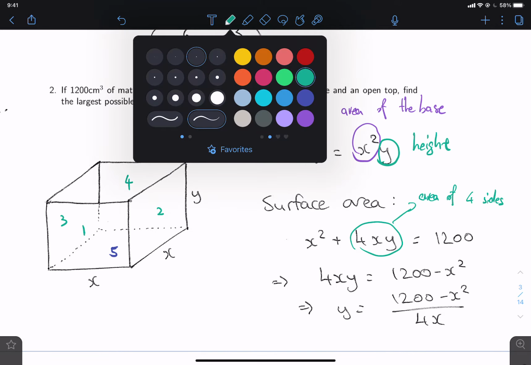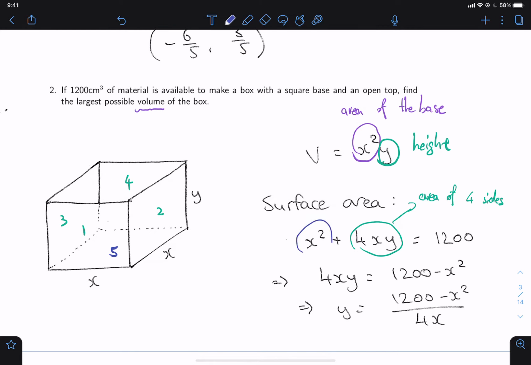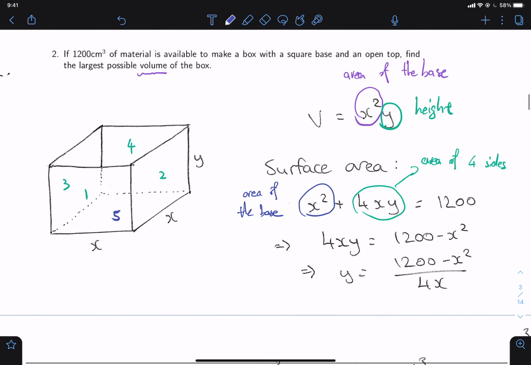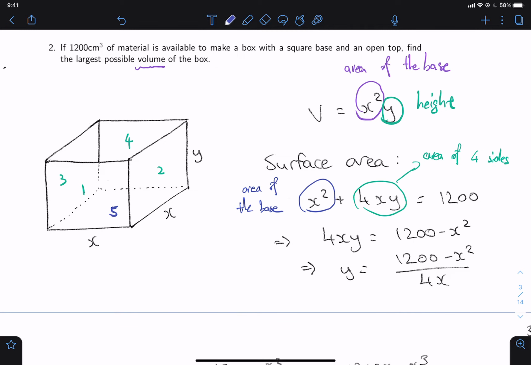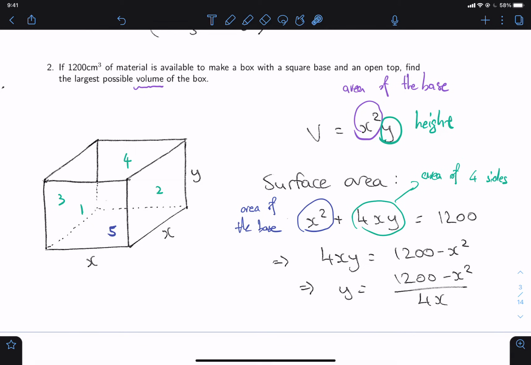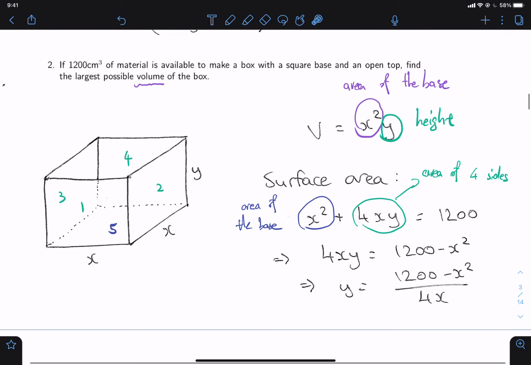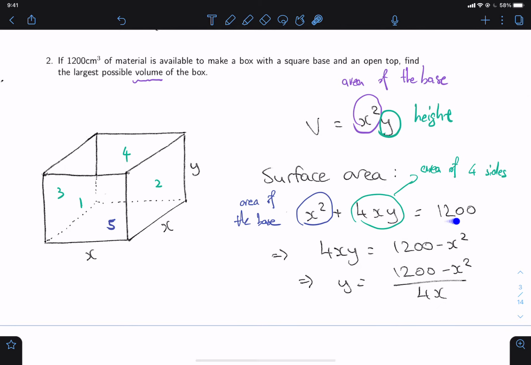And then of course x squared is the area of the base, and because it doesn't have the top, that's all for the surface area. The total surface area must be 1200. We can't exceed this, so that is the condition.